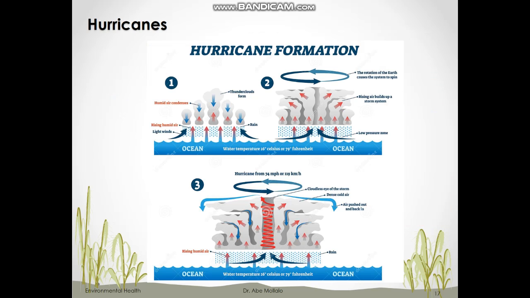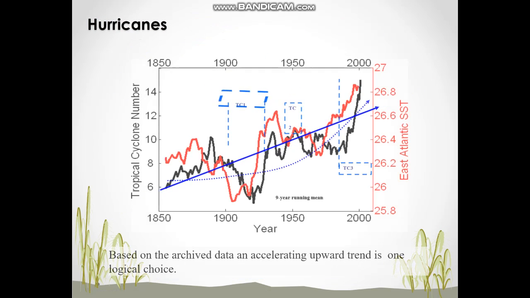And hurricanes are categorized according to wind speed, category 1, 2, 3, 4, 5. And category 5 is the most dangerous form of hurricane, with a speed of more than 150 miles per hour. This figure shows the number of tropical cyclones from 1850 to 2000, and you can see that the number of TC, tropical cyclones, has progressively increased.